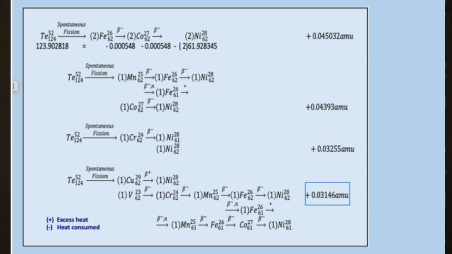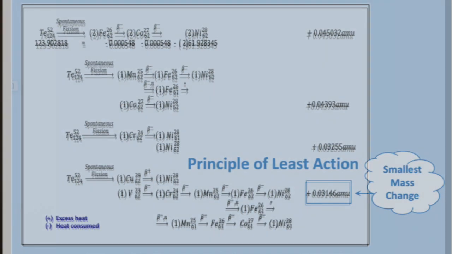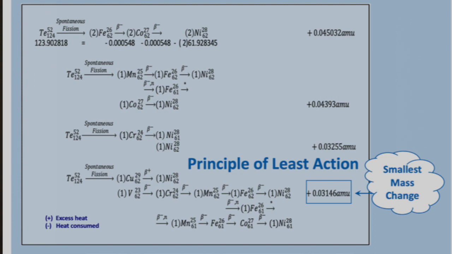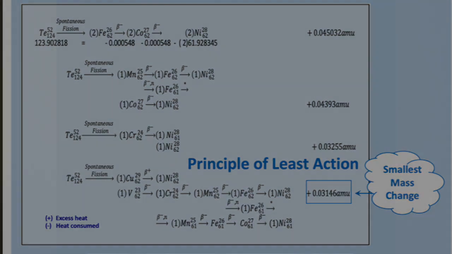You should verify the calculations on your own. But I want to focus your attention on the LANP selection criteria that tells us which of the 4 reactions occurs. It is the principle of least action, and it requires that the reaction that occurs next is the one that results in the smallest energy change.